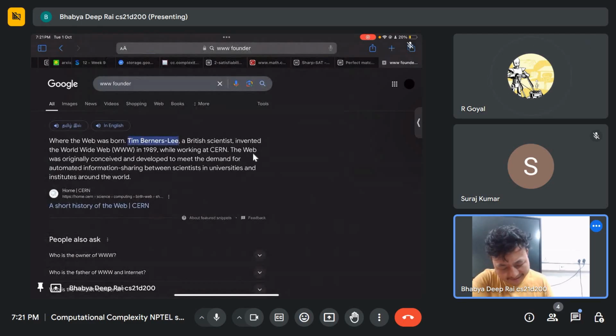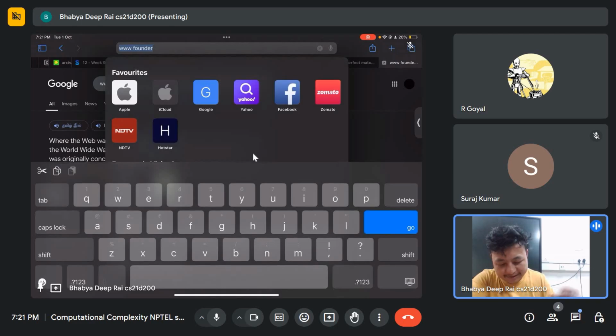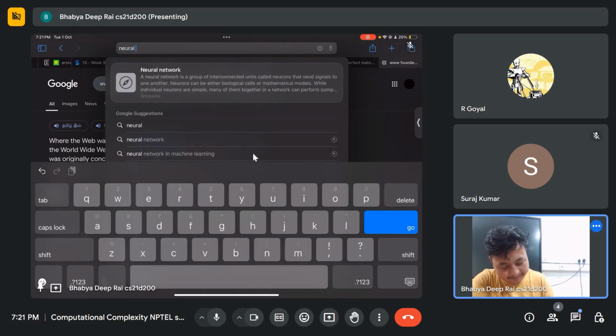Okay, it's the same guy. I thought they were different. One was responsible for the OSI layer, network layer, and stuff, and the other was the World Wide Web. And the final one I was talking about was the neural network inventor.